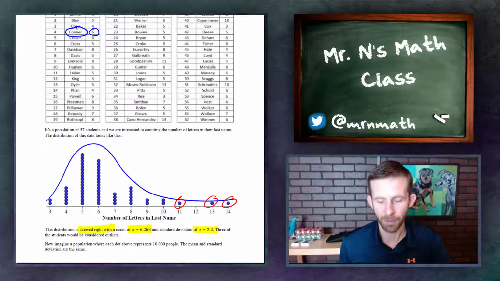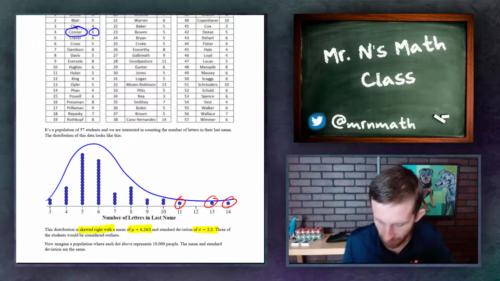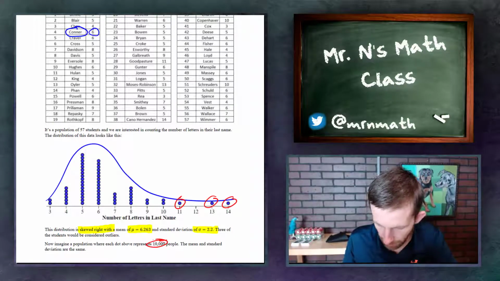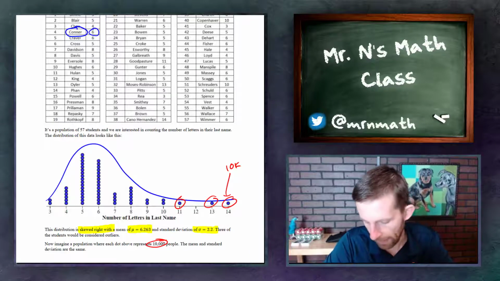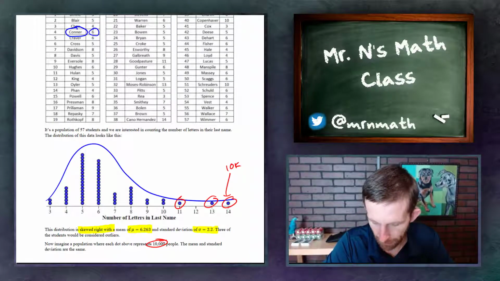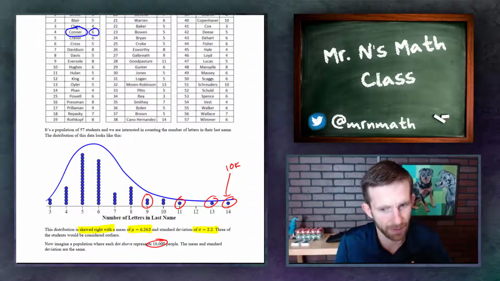Now, imagine that we have this population, but instead of 57 people, each dot represents 10,000 people. So there's going to be 10,000 people that have 14 letters in the last name, and there's going to be 20,000 that have 9 letters in the last name, etc. So it's a pretty big population.